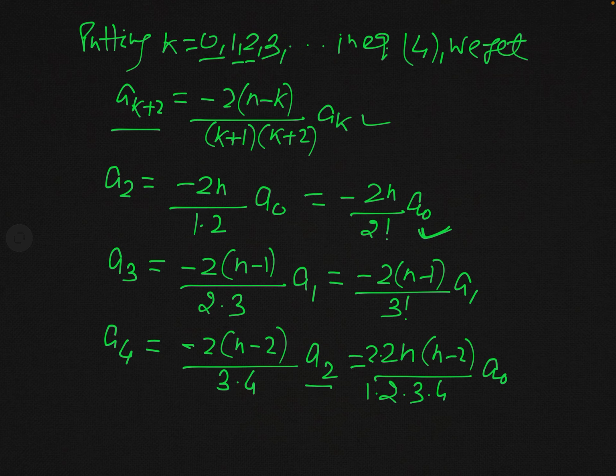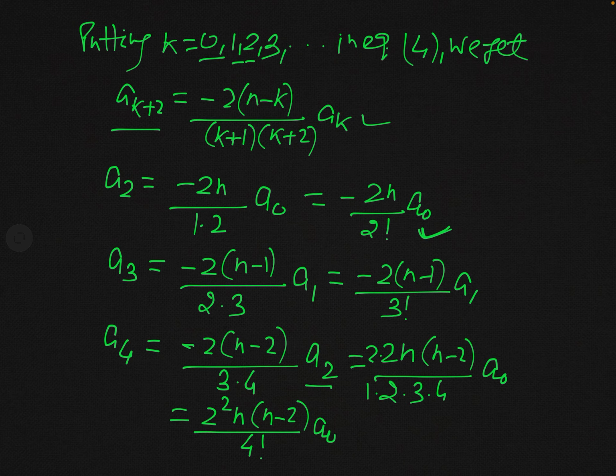So you can see this is actually 2 square times n minus 2 over 4 factorial times a naught.